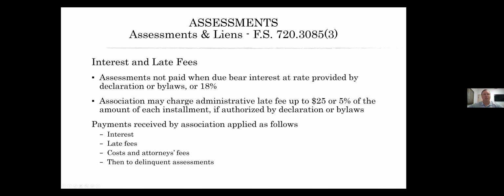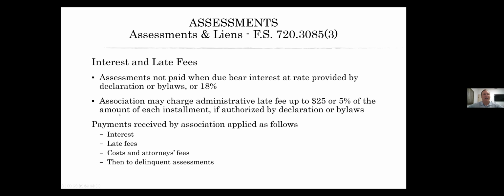The association can also charge administrative late fees of up to $25 or 5% of the amount of each installment if it's authorized by your declaration or bylaws. So if it's not in your declaration or bylaws, you shouldn't be charging a late fee. If your late fee is more than the amounts here, you shouldn't be charging greater than the amounts provided for in the statute.